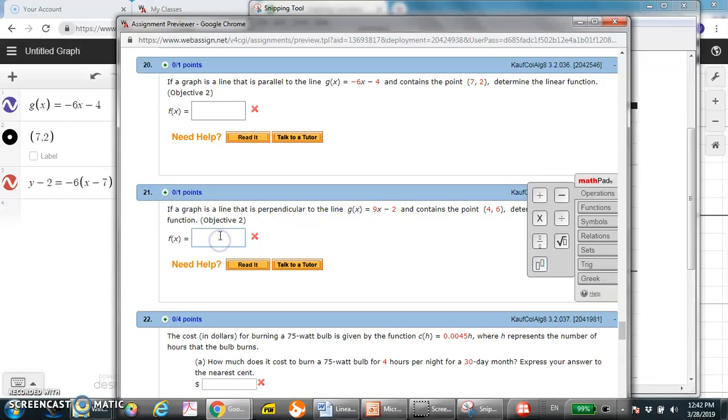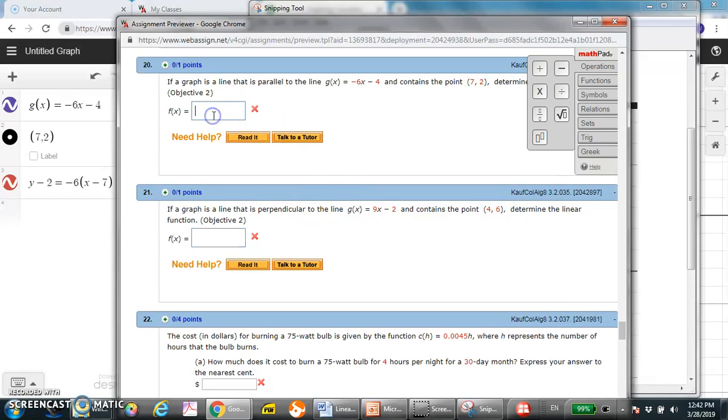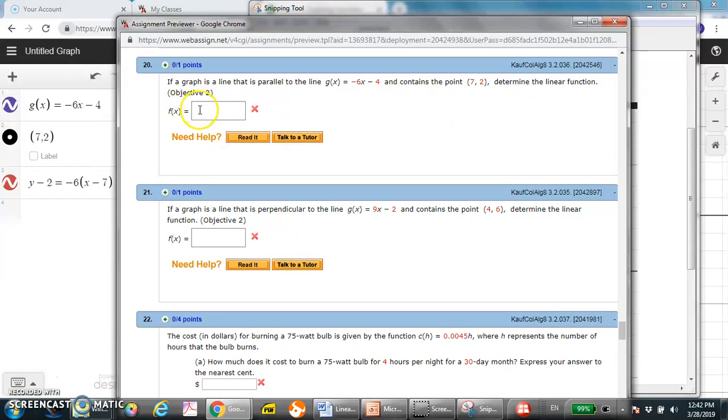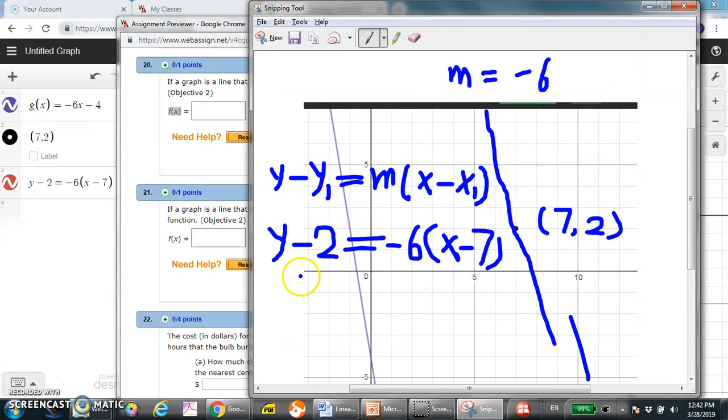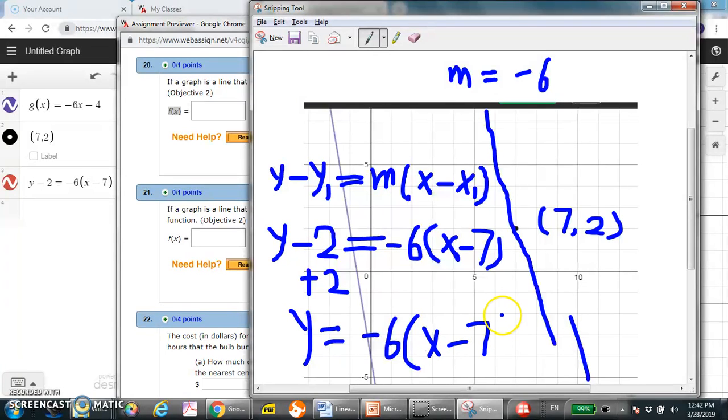Okay. So let me type the answer. But because when we are asked to put the answer, you notice that this is f(x), we need to separate the 2 from the y. So we want to rewrite the answer as y equals -6 times x minus 7 plus 2.